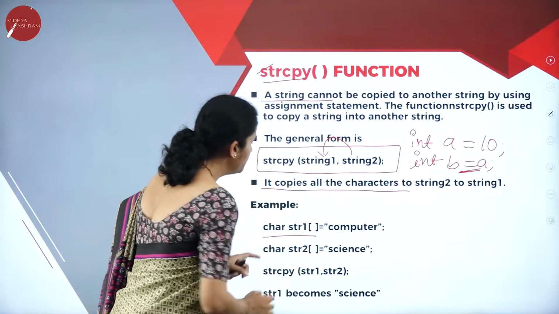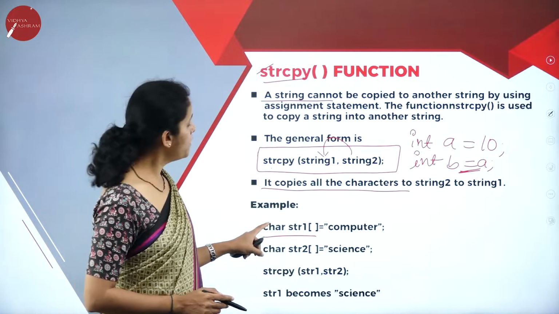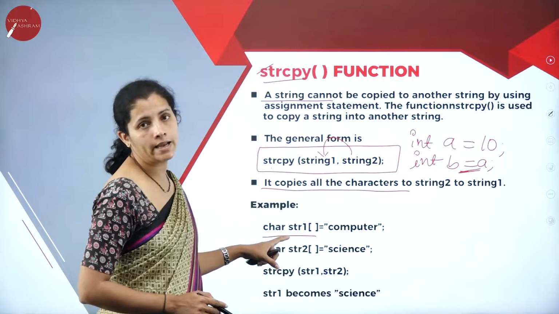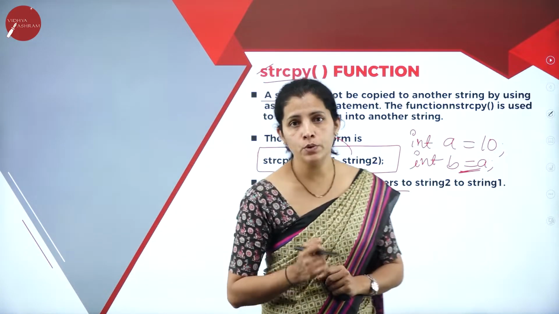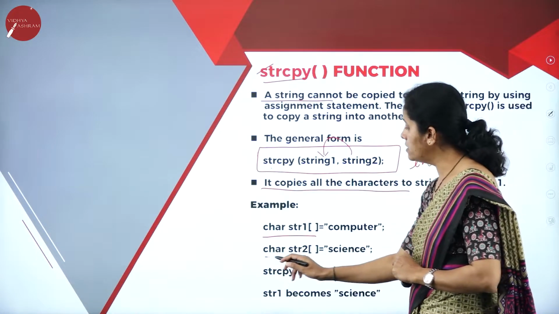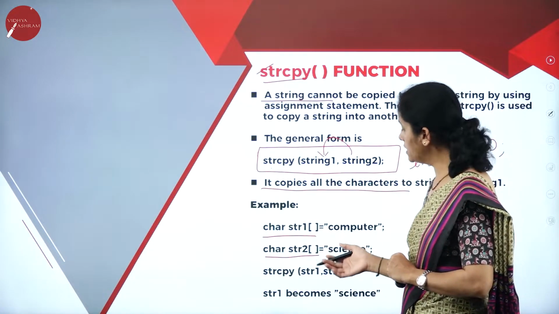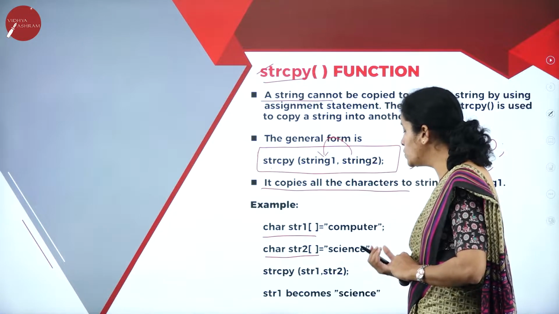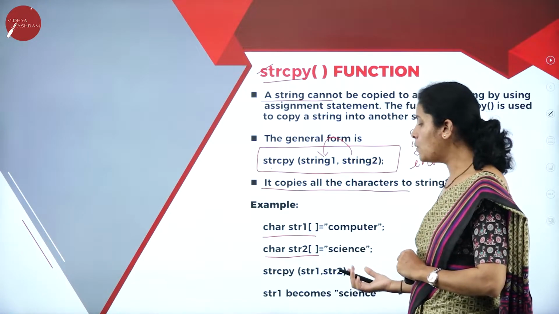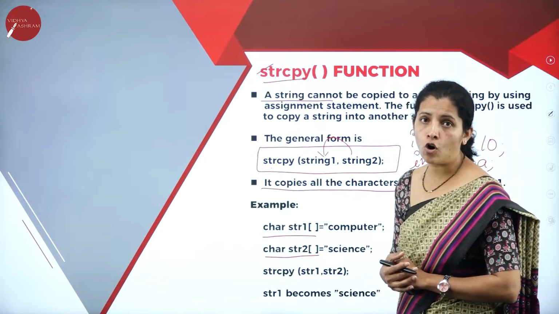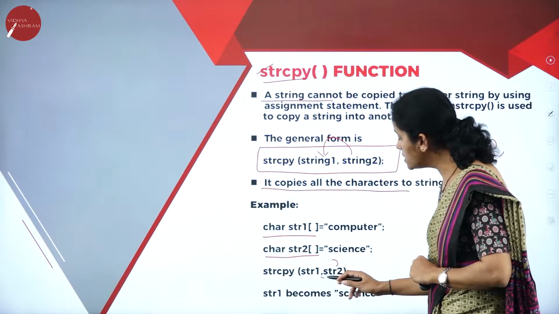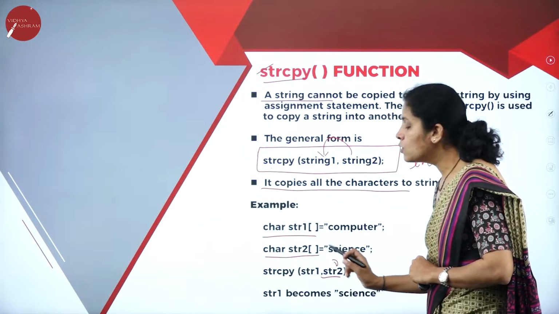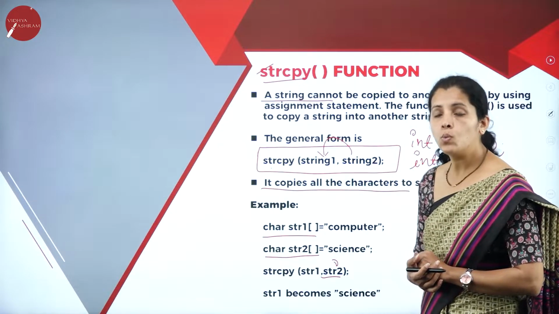Now see here, at the beginning I have my first string, str1, and I'm going to store "computer". And my second string, str2, I'm going to store "science". Now if I call strcpy, the content of str2 is copied to str1.